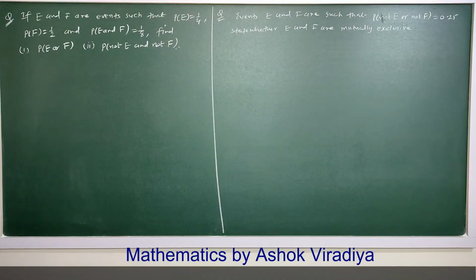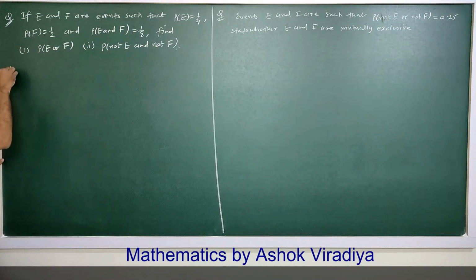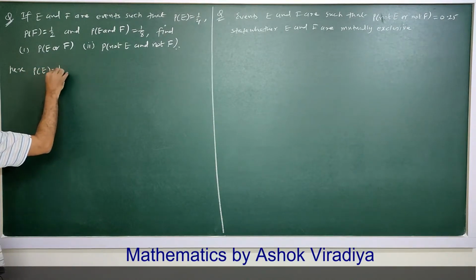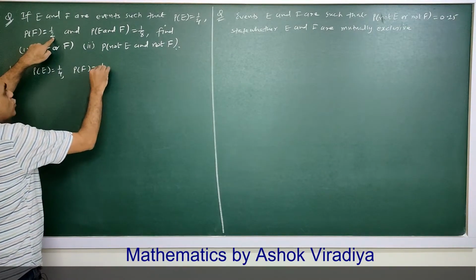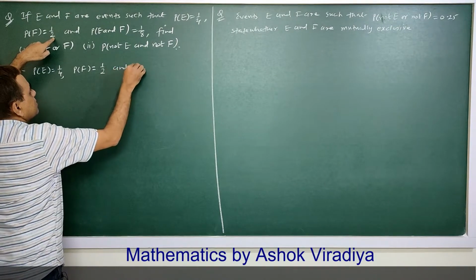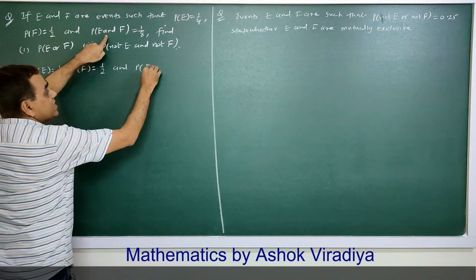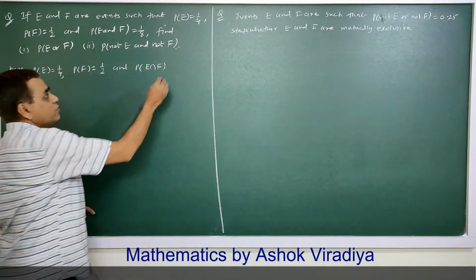Next question. If E and F are events such that probability of E is 1 by 4, probability of F is 1 by 2, and probability of E and F, that means E intersection F, is 1 by 8.